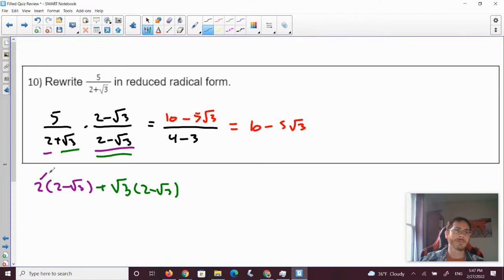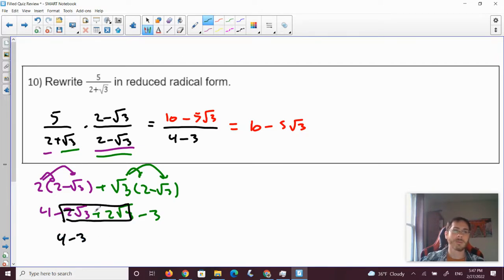So then when we distribute, we'll get 4 minus 2 root 3 plus 2 times root 3. And then root 3 times root 3 is just going to be 3, so minus 3. And so this is what gives me the 4 minus 3 that I have in black, because these will cancel out. And then if I wanted to simplify, 4 minus 3 is equal to 1. So that's why I divided by 1 down here at the bottom.